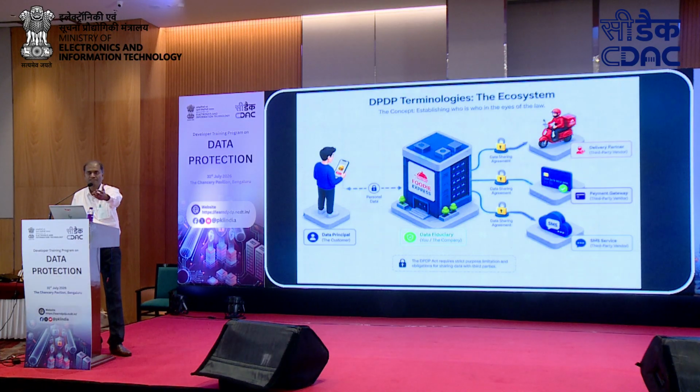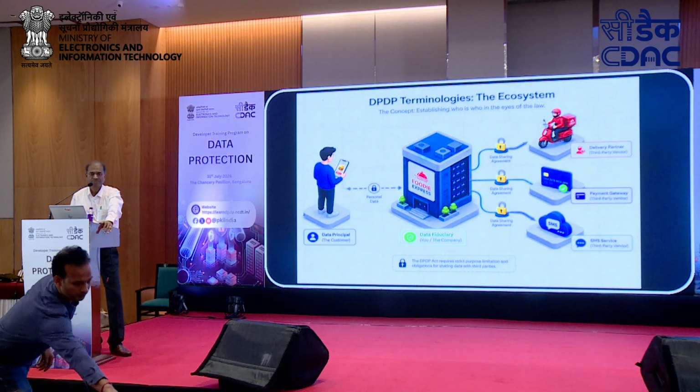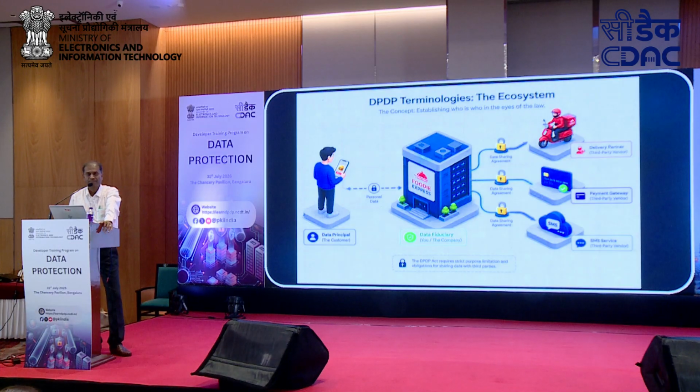Sir, you wanted to say something, Mr. Sunil, sir. Just to answer a little bit more on what he was trying to say. If Swiggy has sent a consent to the data principal saying that I'm using the number for this particular purpose, then that is a compliant way.